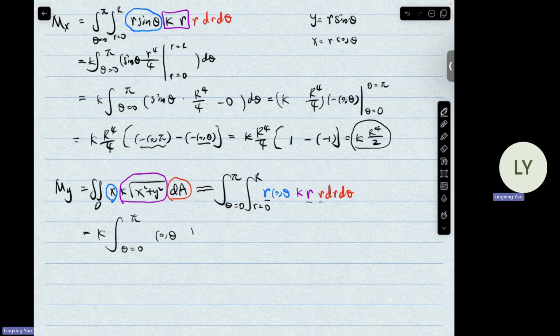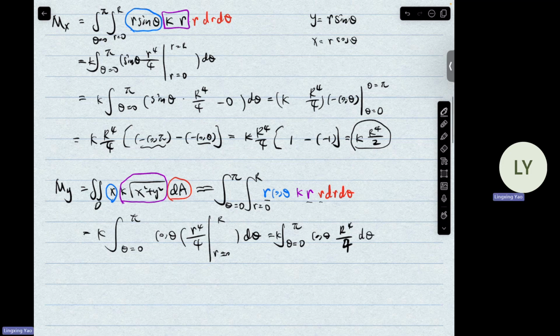The antiderivative for r cubed is r to the 4 over 4, with little r from 0 to big R. So this is becoming k times the integral for theta of cosine theta, big R to the 4 over 4 minus 0. We can ignore it.